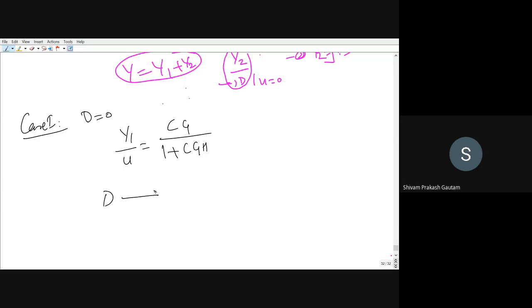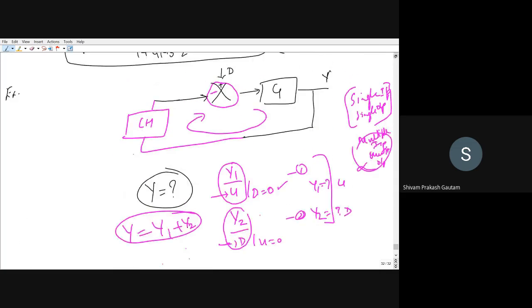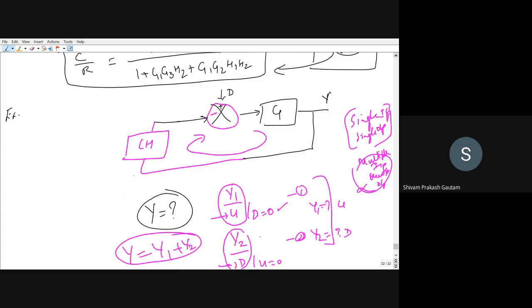This is your G, this is your Y2, this is your CH, and this is going like this, minus. So these two circuits are the same, what I have drawn and this one, right? Are you getting this point?